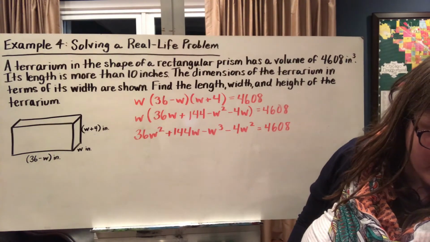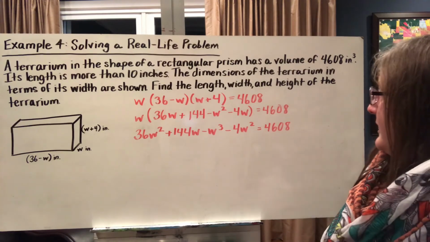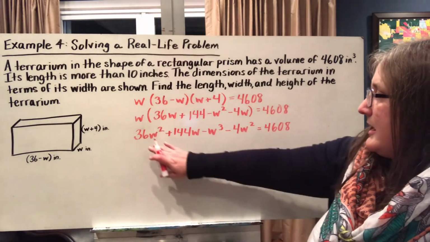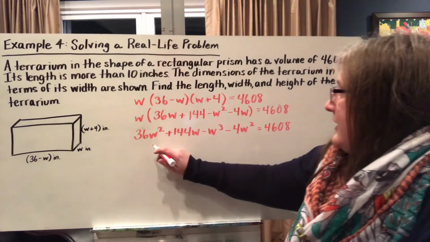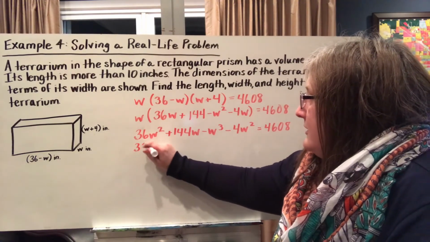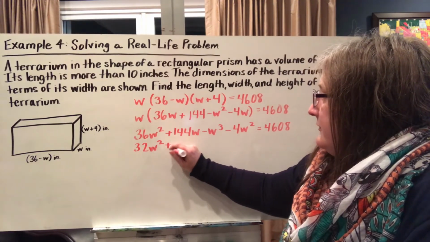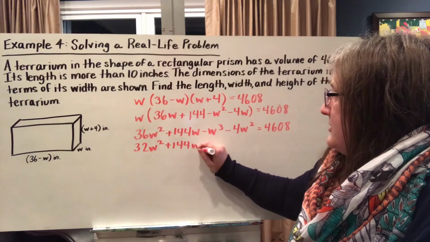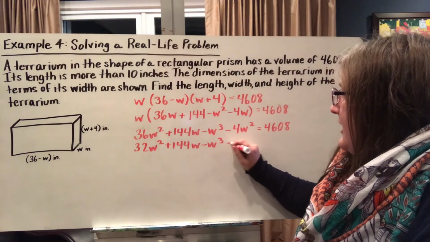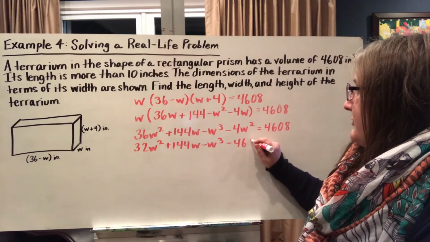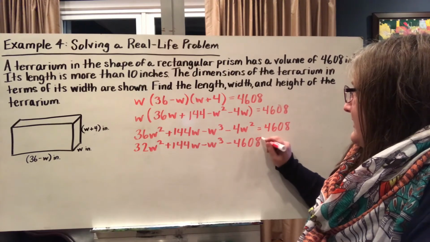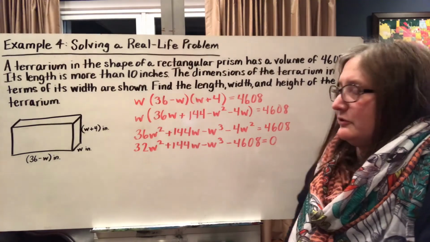All right, and from here, what I'm going to do is do a little bit of combining. I've got my w squareds, so that's going to become 32 w squared plus 144 w minus w to the third, and I'm going to subtract this 4,608, so my equation is equal to 0.